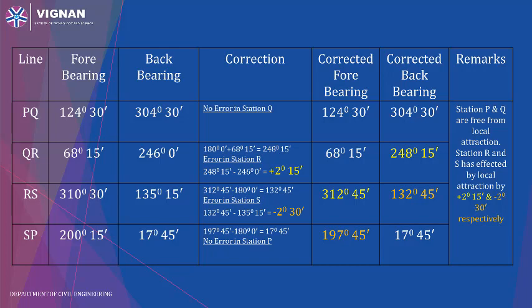Which means that in the line PQ, both the survey stations are not affected by local attraction. So station P and station Q readings are all correct.